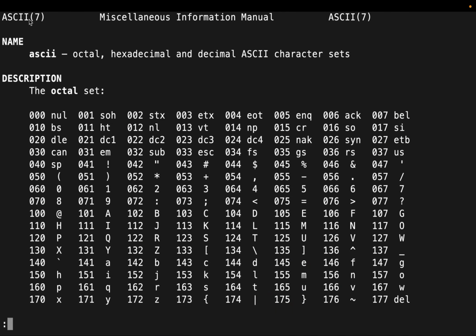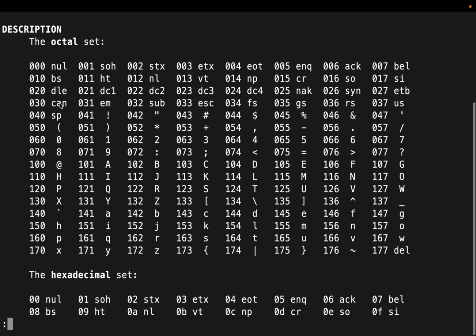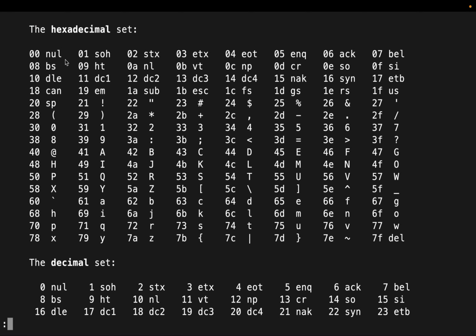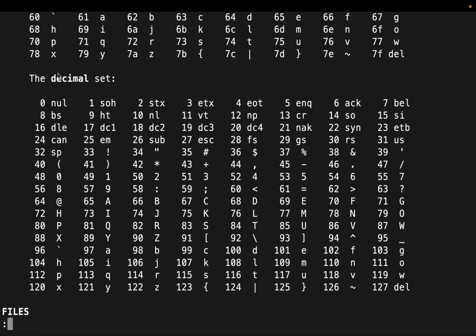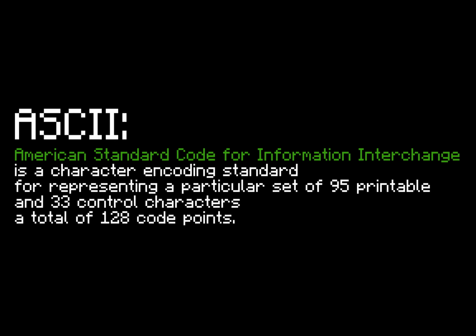You might have heard of the ASCII table, and it's represented in different bases. In this case it's 8, hexadecimal is 16, decimal is 10. So ASCII stands for American Standard Code for Information Interchange. Simply said, it's a table representing letters, numbers, and symbols, and special characters.